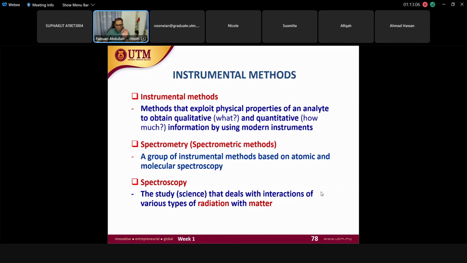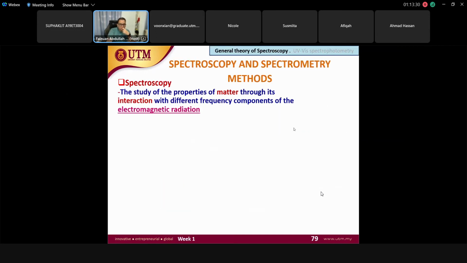But to do that, we need to learn how atoms and molecules interact with the radiations, and how the measurement is involved in the modern instruments that we are learning now.